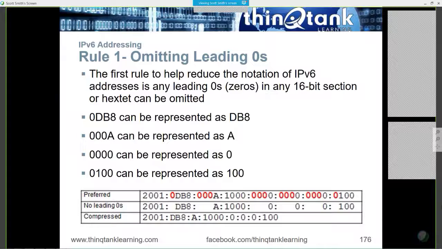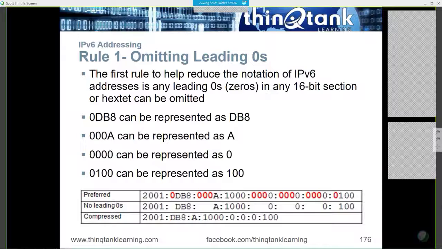If you took out the trailing zeros and the leading zeros, how would you know if it's 0100 or 0010? See what I'm saying? So you can only take out the leading zeros. That helps a little bit, right? Instead of 0DB8, it's going to be DB8. Instead of 0000, it's just 0. So that shortens our address a little bit.